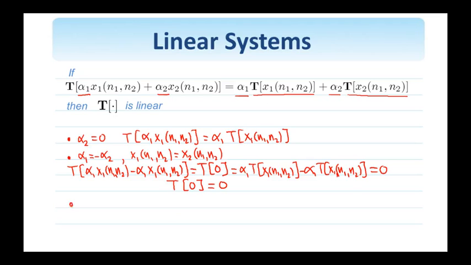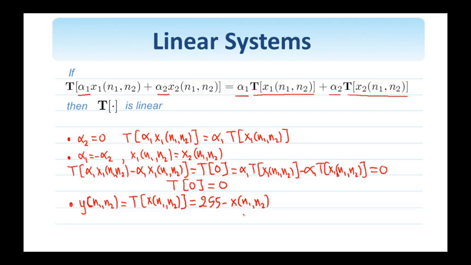As a simple example, we can consider the system that we looked at in the previous slide. Using the notation here, y[n1,n2] is the response of the system to x as an input, and we define the system as 255 minus x[n1,n2].